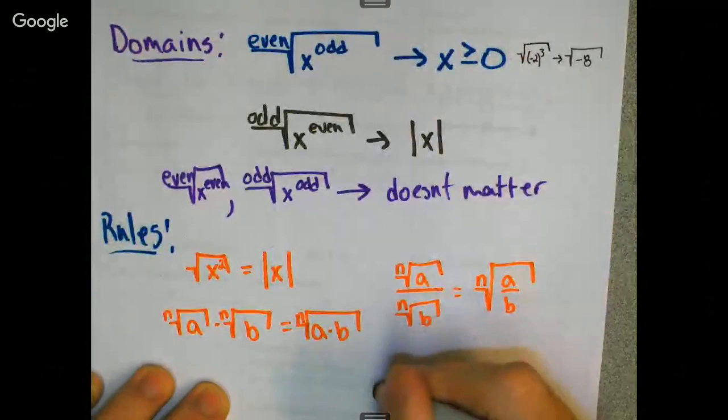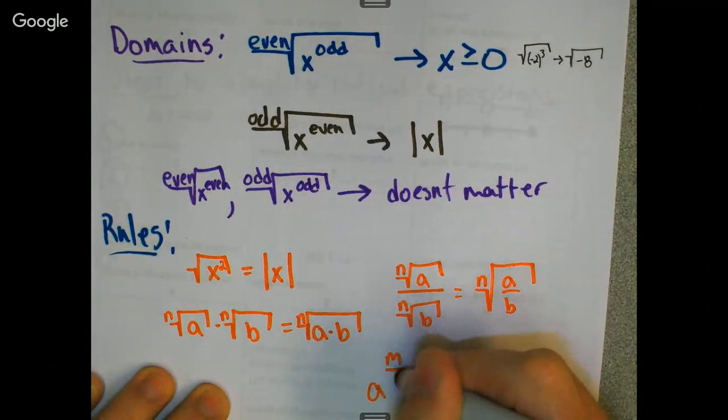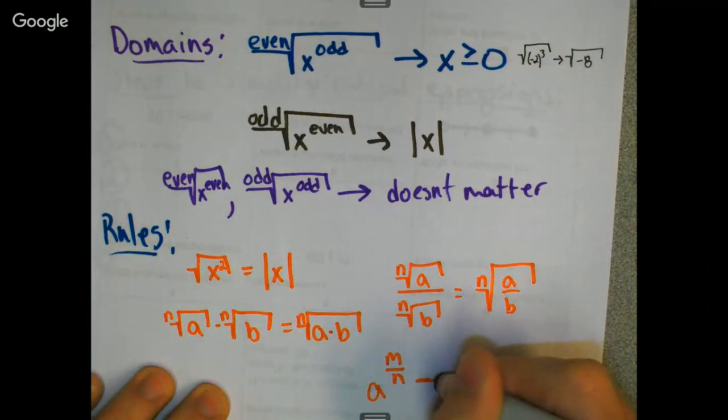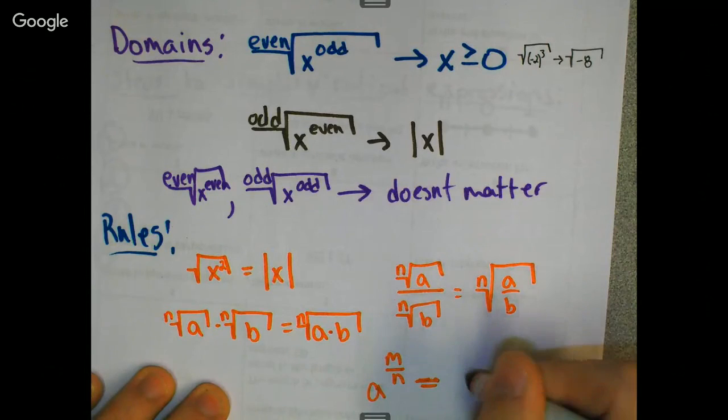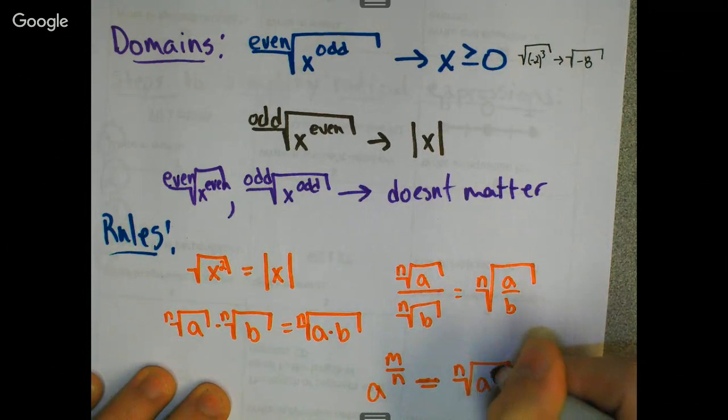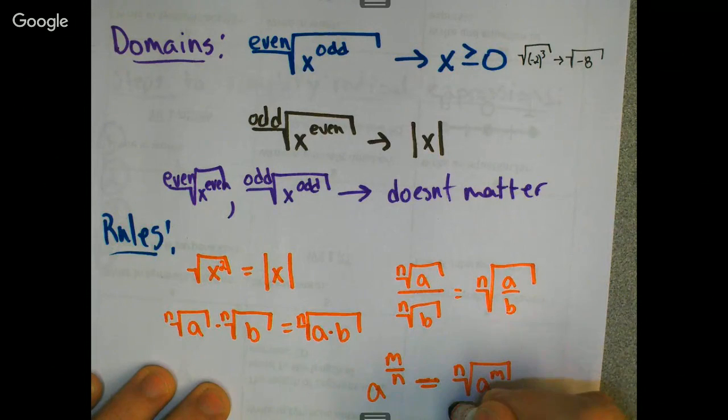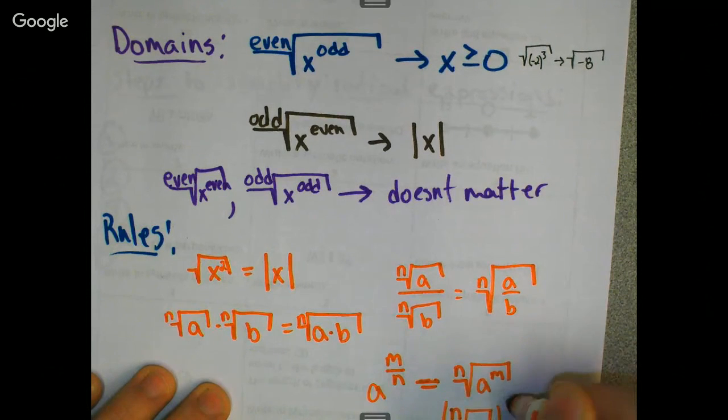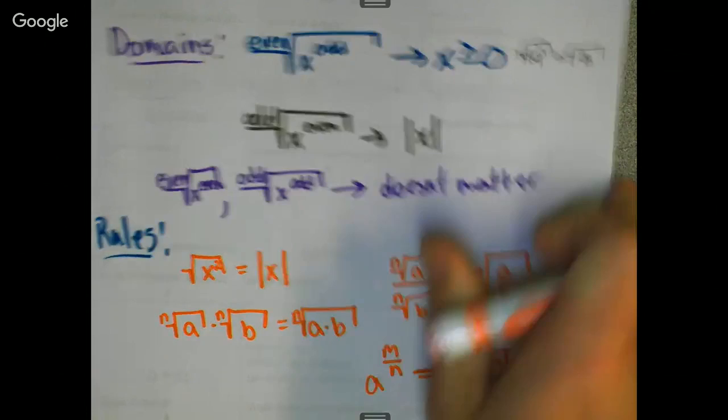If I have a to the m over n, that is the same as the nth root of a to the m, or you can take the m on the outside of the radical.